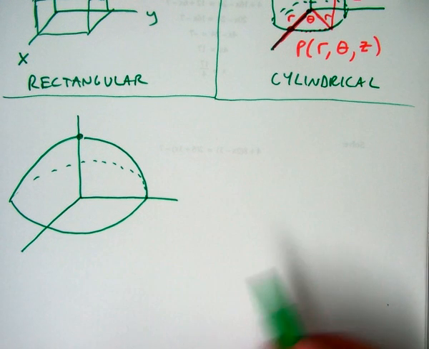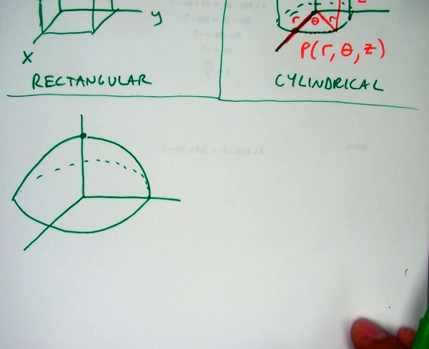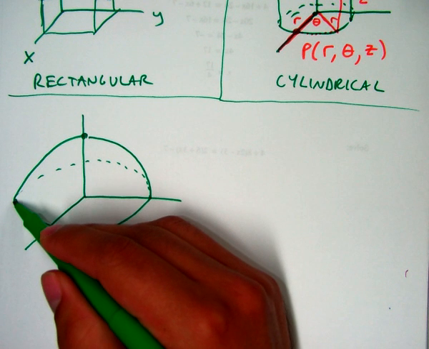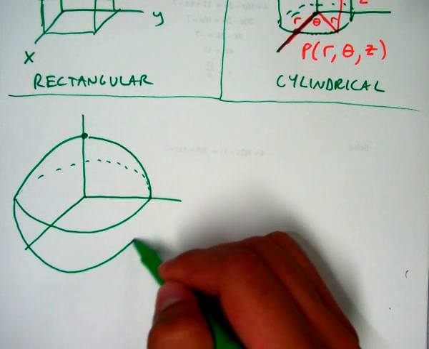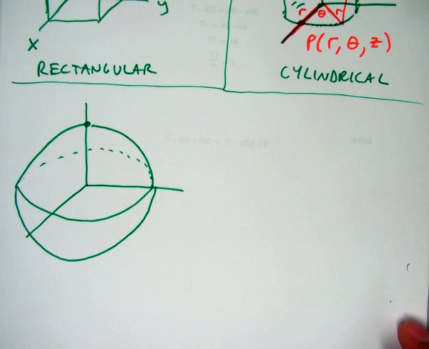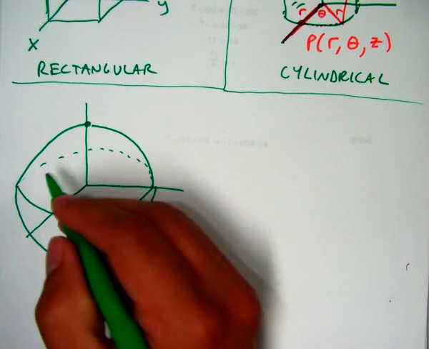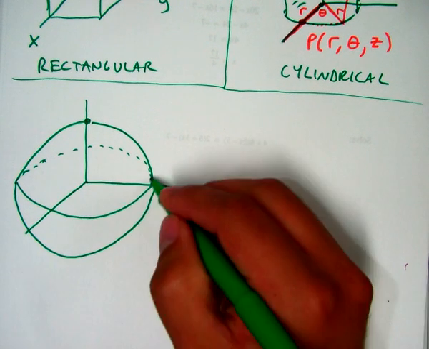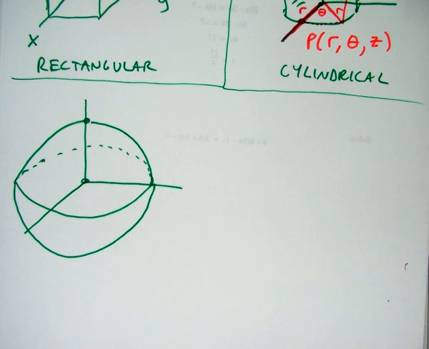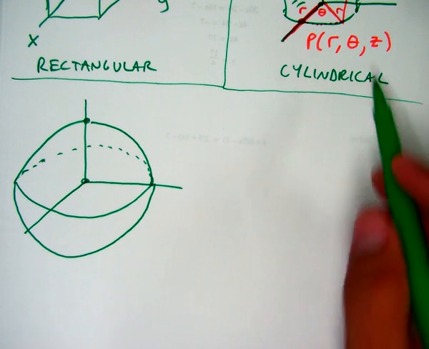It's a hemisphere, yes. Okay. So, I mean, if we want to draw the whole sphere, you know what? Let's do it. That's a sphere, yeah. Use your imaginations. I can't draw. Okay.